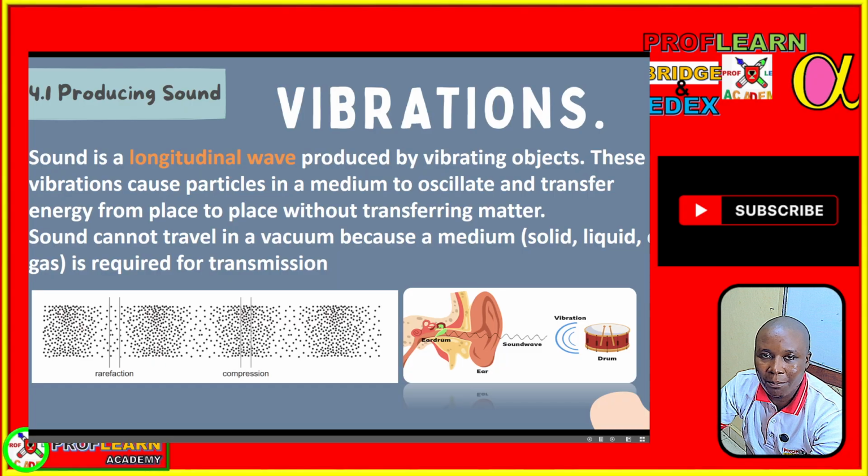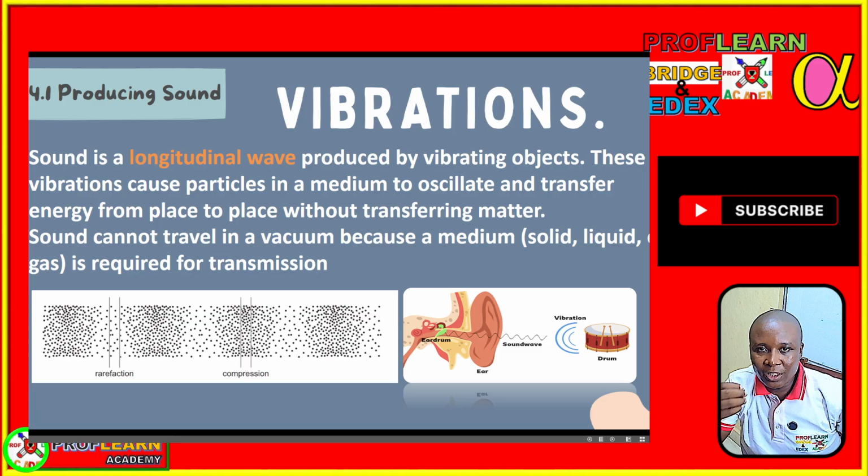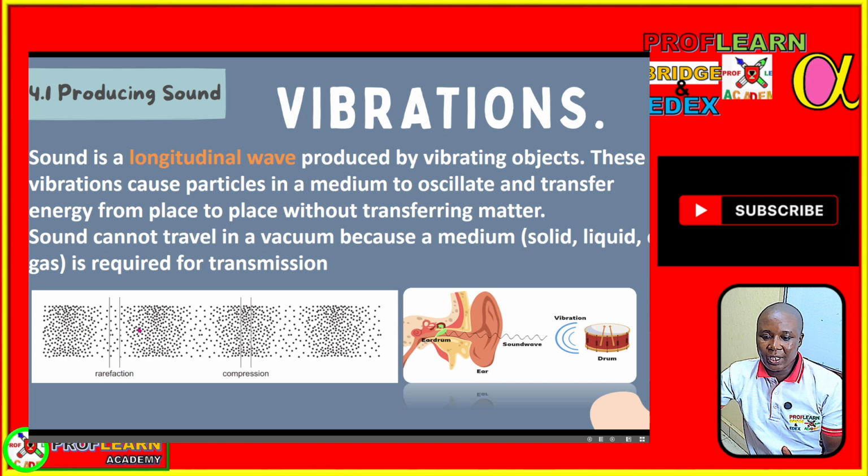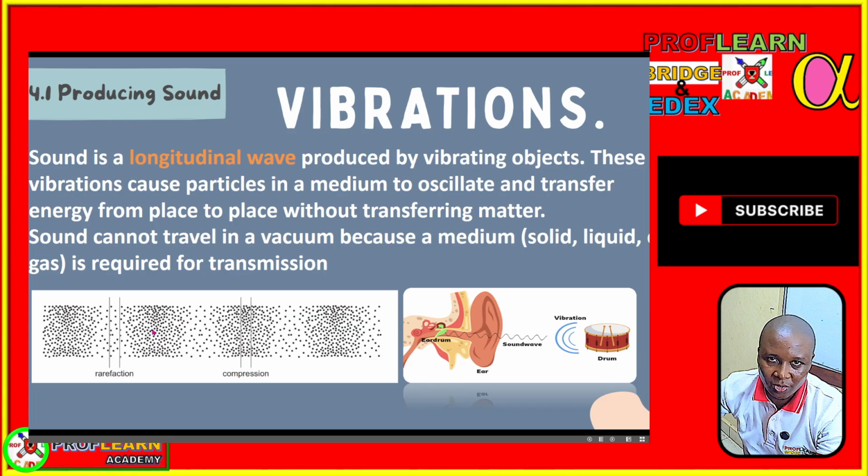So we shall start by looking at what is sound. Sound is a type of wave, and in this case we are going to say it is a longitudinal wave because particles vibrate parallel to the direction of the wave. So sound is produced by vibrations, and when particles vibrate they move back and forth, and in that way you're going to realize there's a region where the particles are spaced and there's a region where the particles are closely packed together.